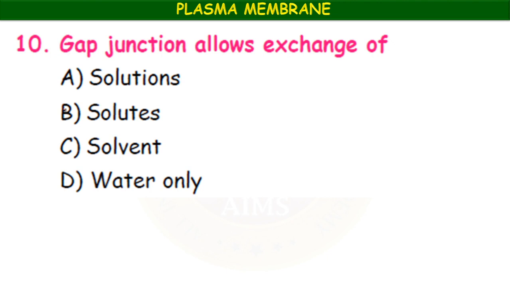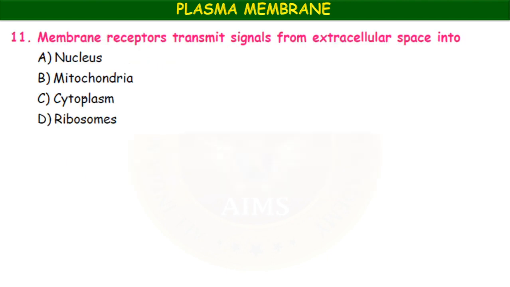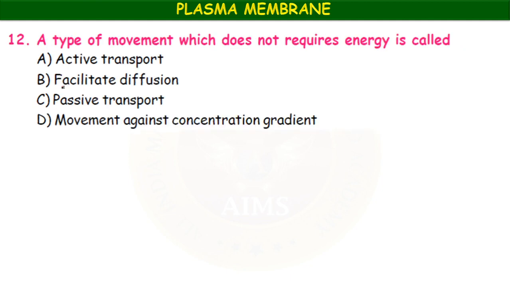Gap junction allows exchange of solutions, solutes, solvent, water only. Gap junction allows the exchange of solutes. The membrane receptors transmit signals from extracellular space into nucleus, mitochondria, cytoplasm, ribosomes. It is the cytoplasm.